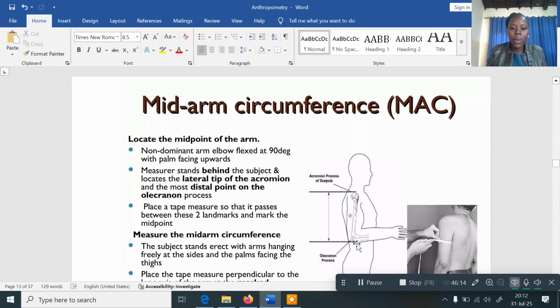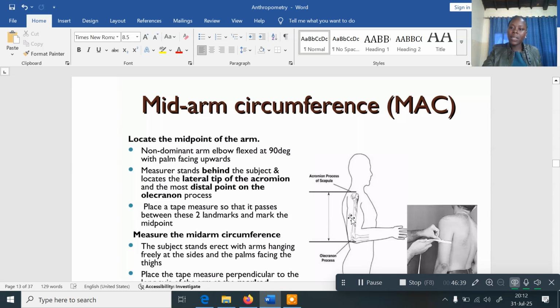So they are saying that you place the tape measure so that it passes between these two landmarks and mark at the midpoint. So you place the tape measure from the acromion process to the elbow. Then you measure this length, and then you find the midpoint, this dot here.